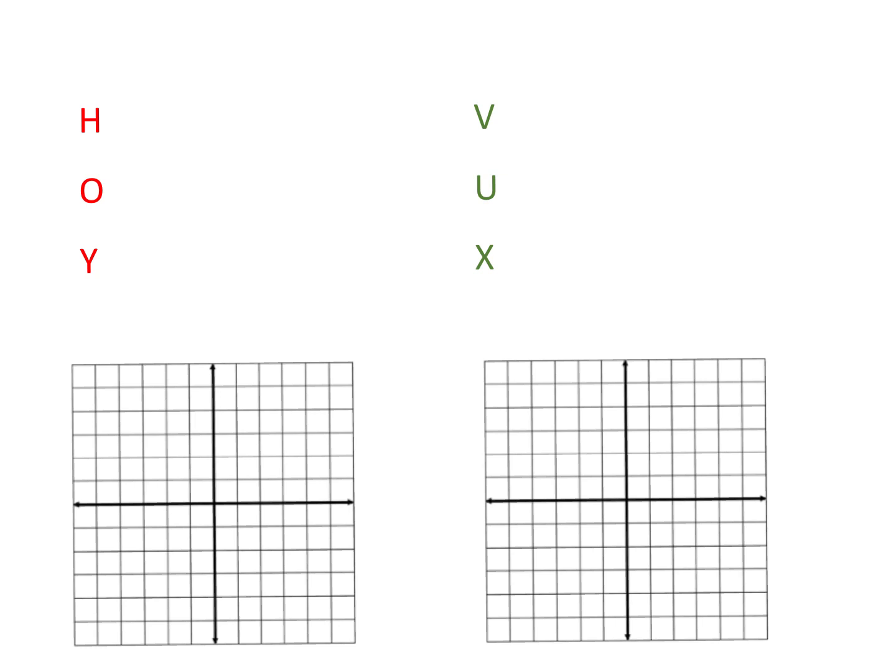HOY: this is a horizontal line, it has 0 slope, right? 0 as in that is a 0 slope. And then your equation is y equals. Okay, so this is your equation of the line.